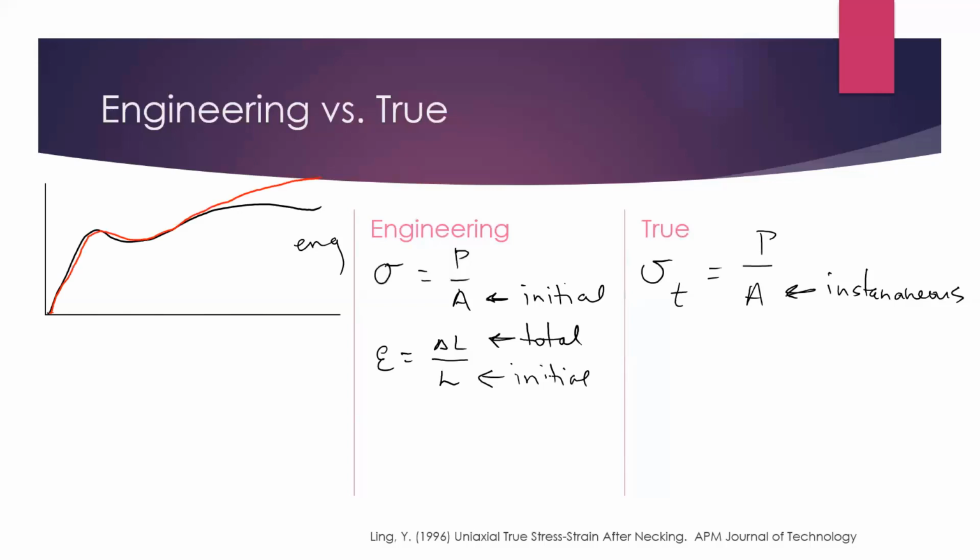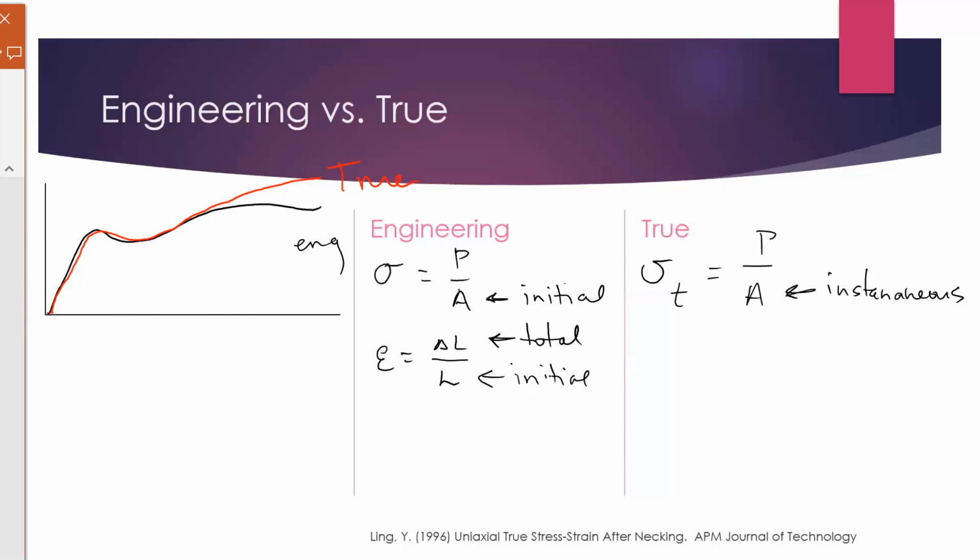There, that's better. They start out the same, but as you start to yield, you'll see a little bit of divergence. And when the engineering stress comes down, you see that the true stress continues up. So really what's happening is that the material itself continues to carry more and more stress until eventually it just can't take it anymore and it ruptures.